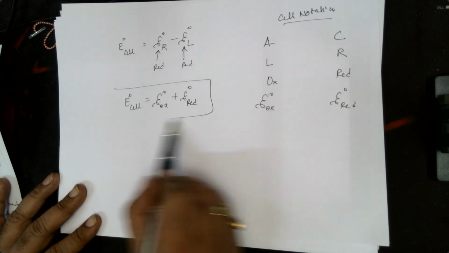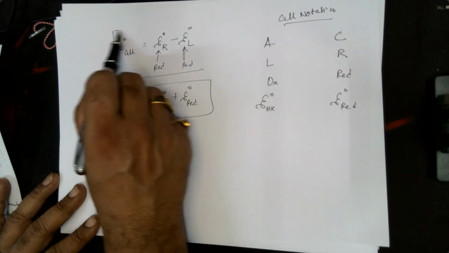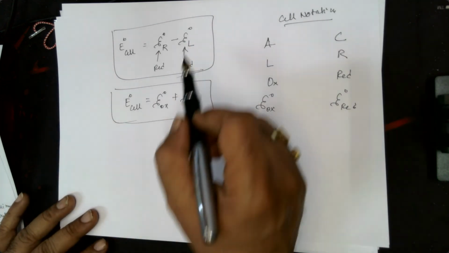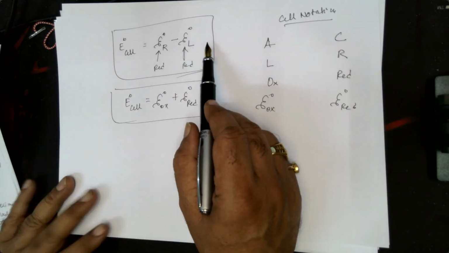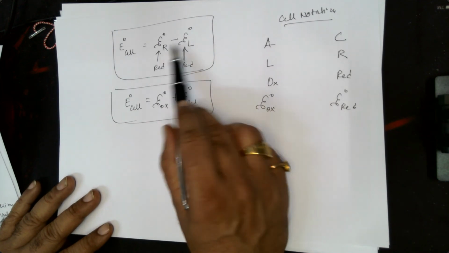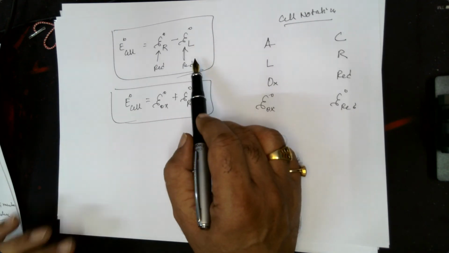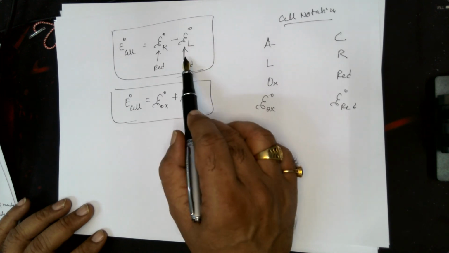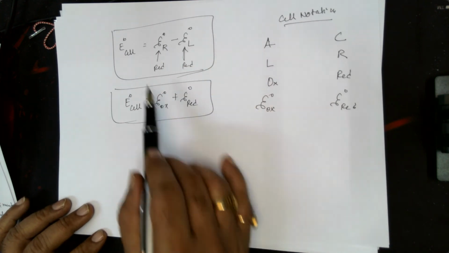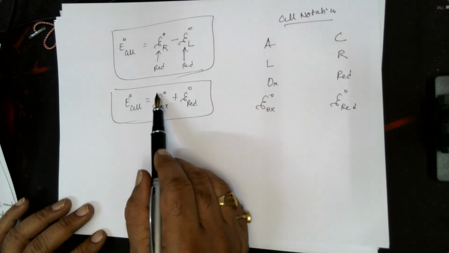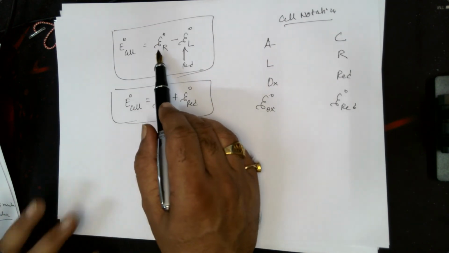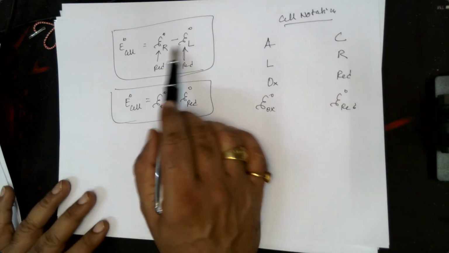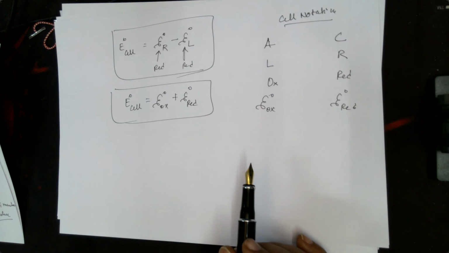Clear? So you should remember these two equations. You can follow any convention. Suppose you maintain only reduction potentials, then you can use this one. But how did you get this minus? Because when you maintain a reduction potential and take the oxidation, it will have the reverse sign, is it not? That is why I put minus here, but plus here.